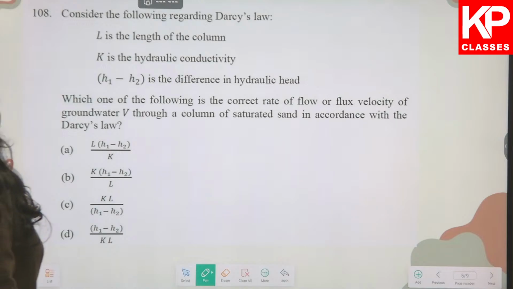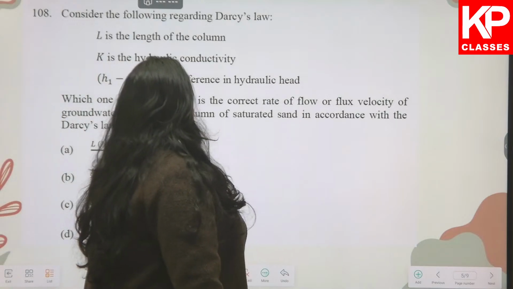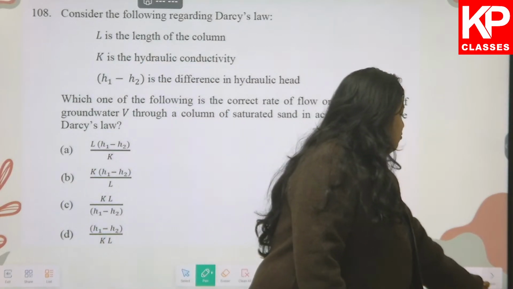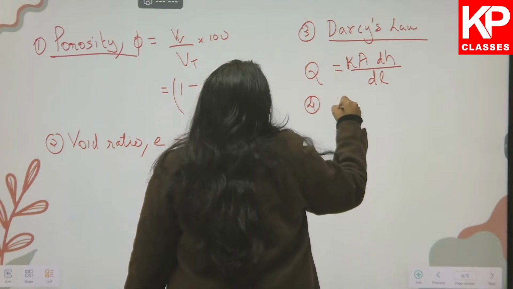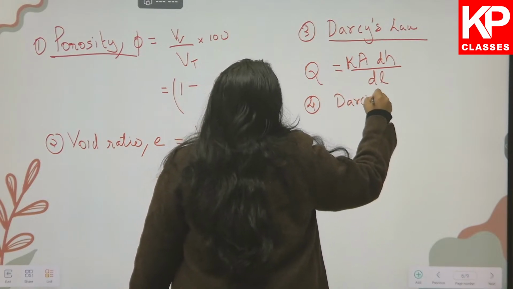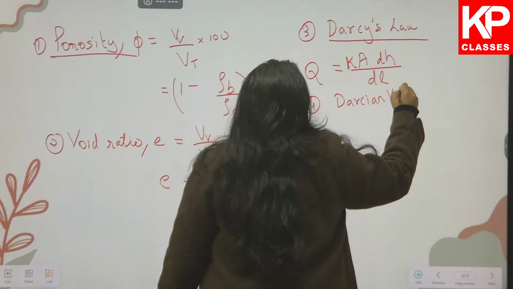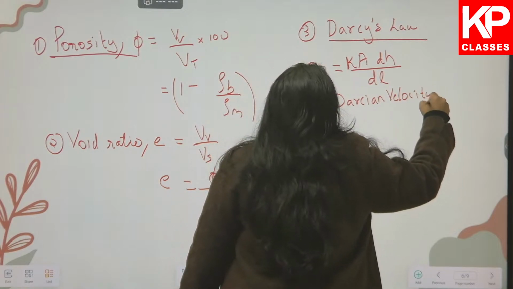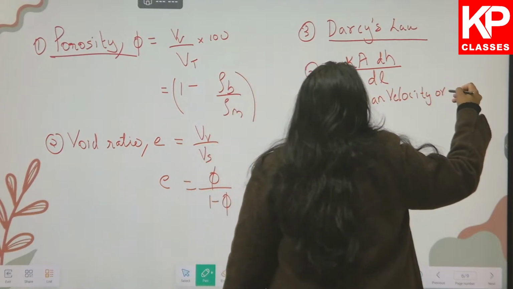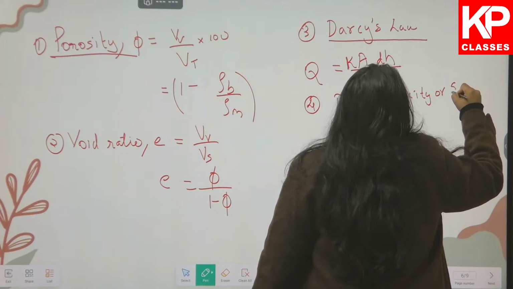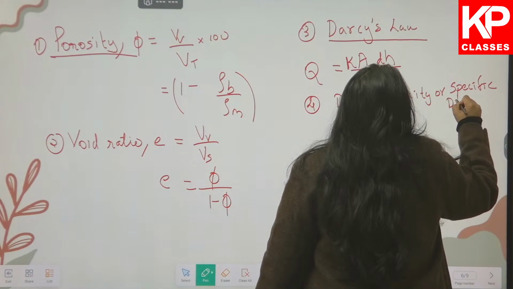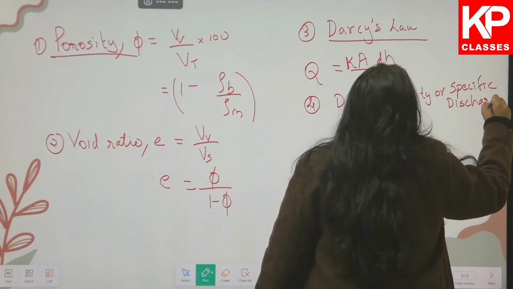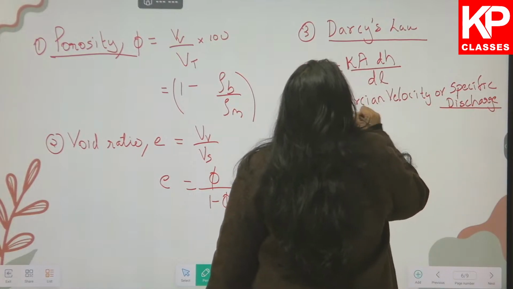This is the question. They are asking the flux velocity of groundwater. Flux velocity of groundwater is also called Darcian velocity or specific discharge.